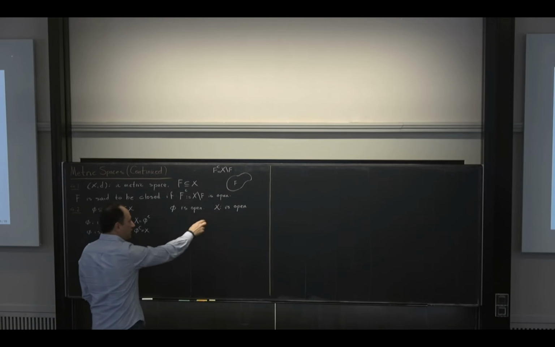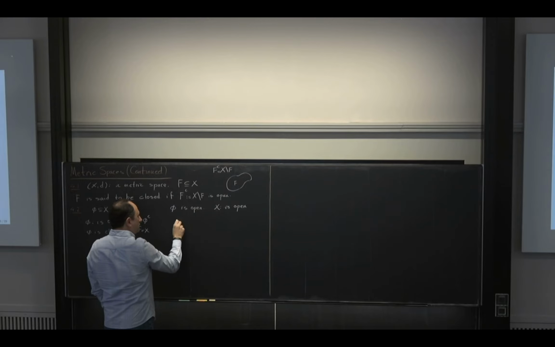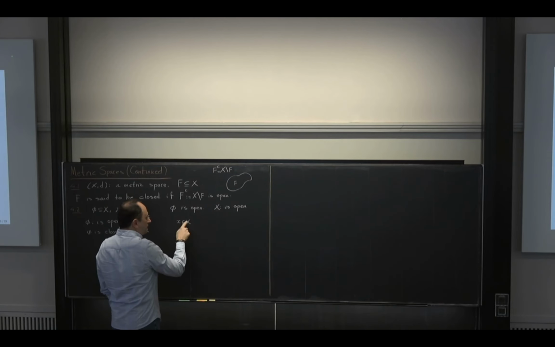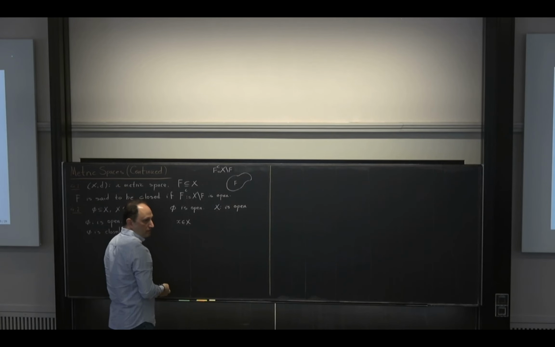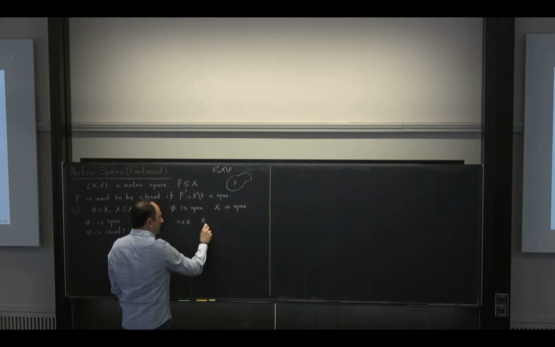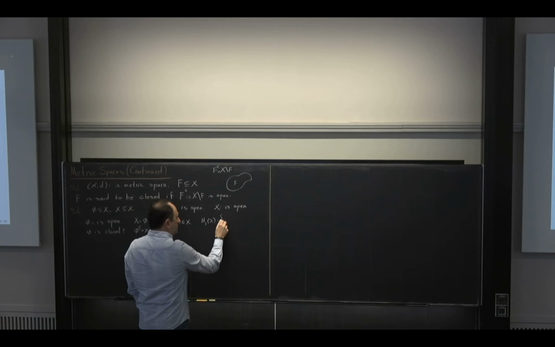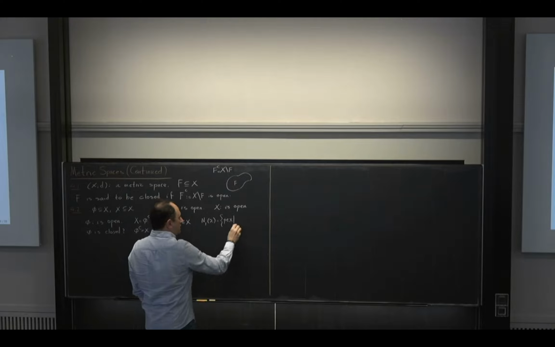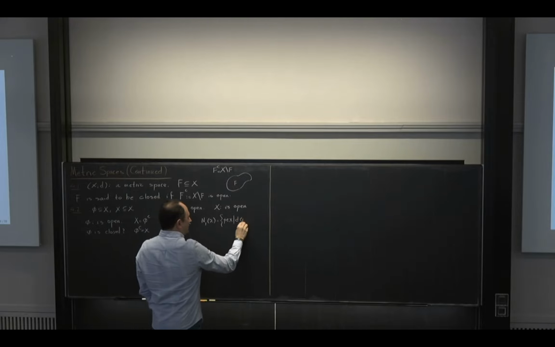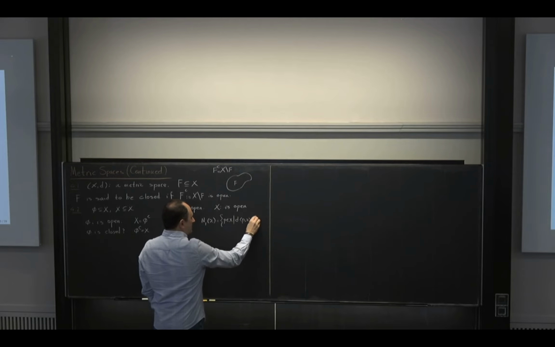I can find neighborhoods that are subsets of X itself. Let me choose one point in X. Can you give me a neighborhood of x which is contained in X? For example, if I write N of 1, x, this is the set of all points p in X such that d(p, x) is less than 1.